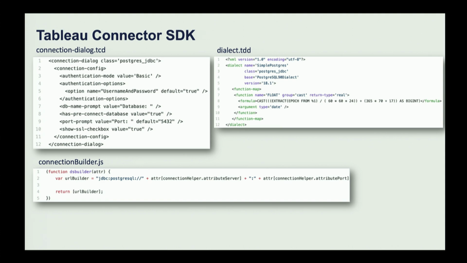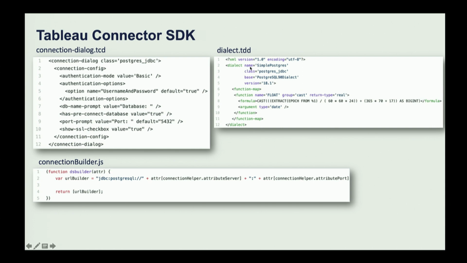Maybe they don't even need to enter a server name because you're going to package it in, because that's a requirement within your organization that no one needs to know. All they need to know is just use this driver and it knows what to do. So in this connection dialog, you will choose how much information to let your users enter during the connection phase of your connector.